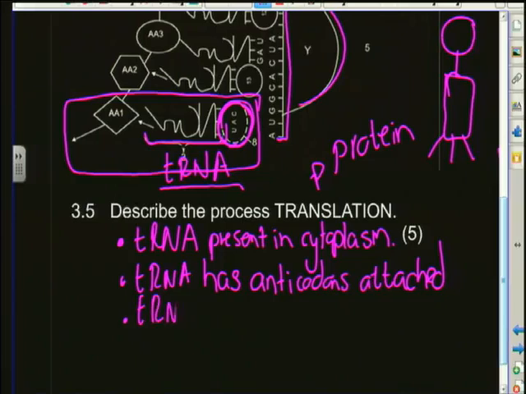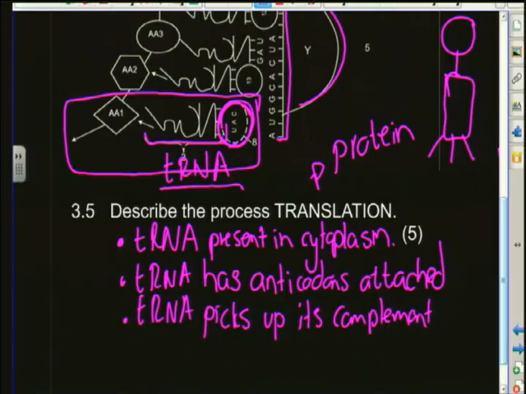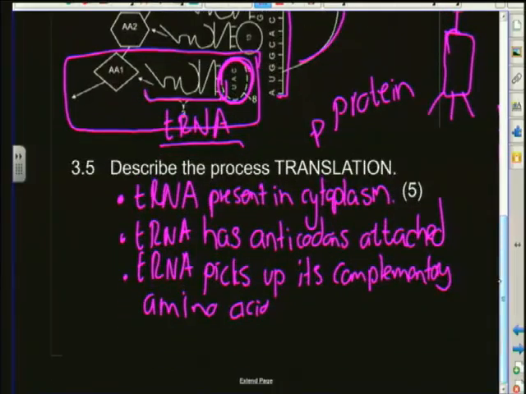The tRNA picks up its complementary amino acid. Okay, have a look, 5 marks. I've already got 3 points. Now it's carrying its amino acid.